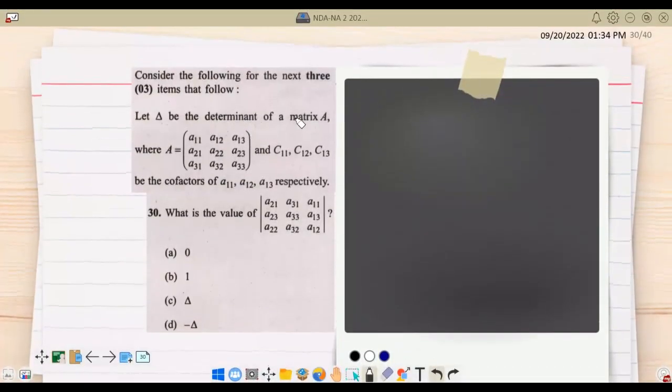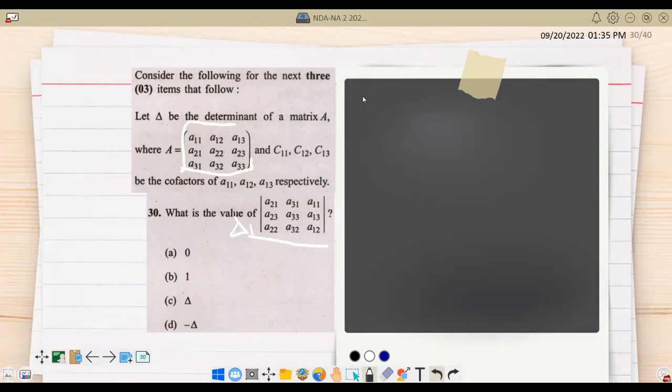This question also comes with the matrix A. Here they have given a determinant and asked to find its value. I'll consider this determinant as del 1. If I interchange a row or column, then the sign of the determinant will change. This is a property of determinants, so with this property we can proceed with the question.